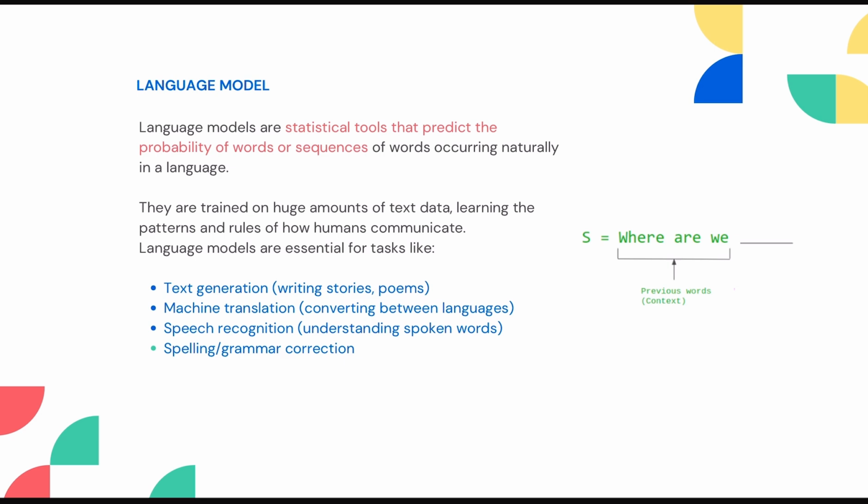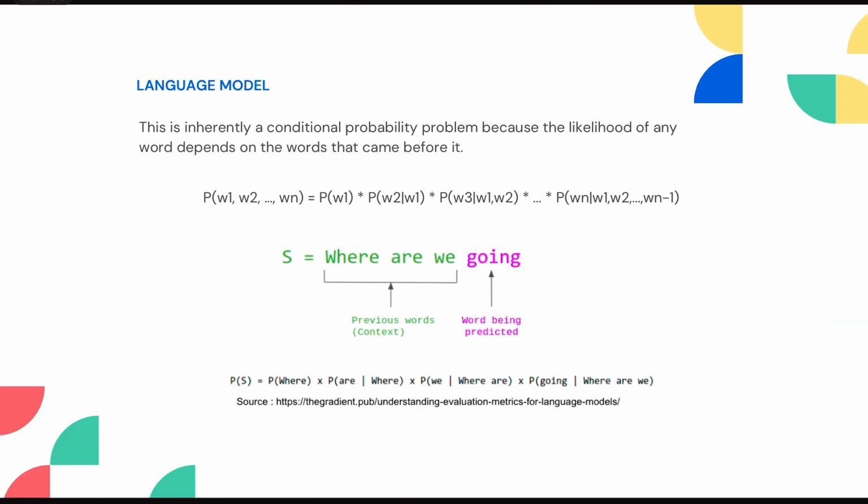Let's understand in a deeper way how these language models work. It's a game of probability. I would say P of X given Y. So you can see P of W1, W2, Wn is P of W1 times P of W2 given W1, times P of W3 given W1 and W2, and so on.